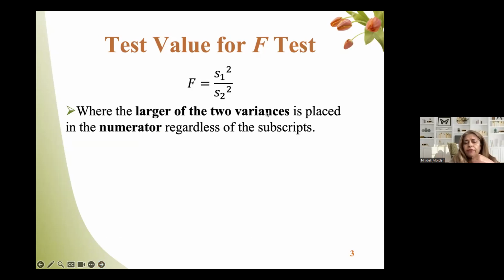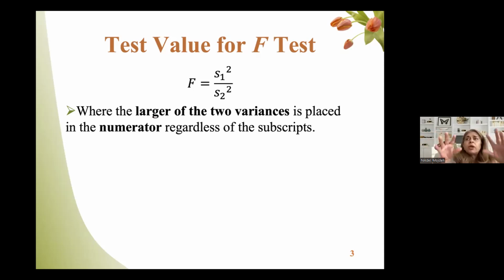The larger of the two variances, because I'm going to give you either two sets of raw data or two sets of statistics, like variances of group 1 and group 2, sample sizes, means, and so forth.